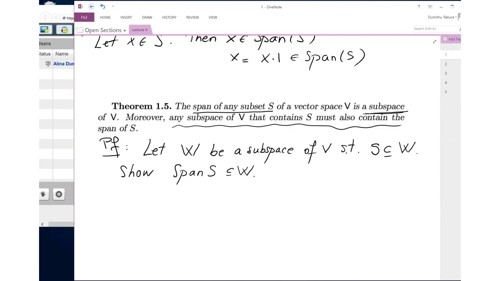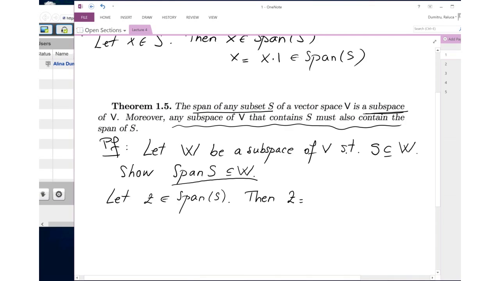So I'm concentrating on the thing that I need to show. Again, I want to show that the set is a subset of another. So I'm going to start with an element of the set on the left and prove that it belongs to the set on the right. So let Z be a vector of the span of S. I want to show that it belongs to W.